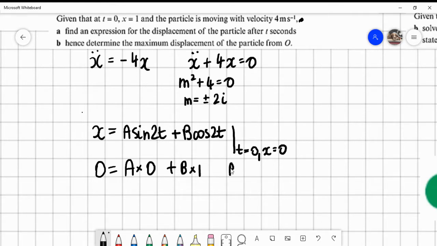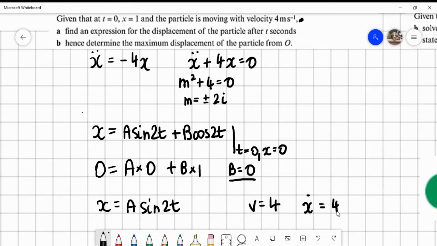That gives me b is equal to 0. So x is now going to be equal to a sine 2t. Now we're going to use the fact that velocity is equal to 4. So that means x dot is equal to 4 at the same time.